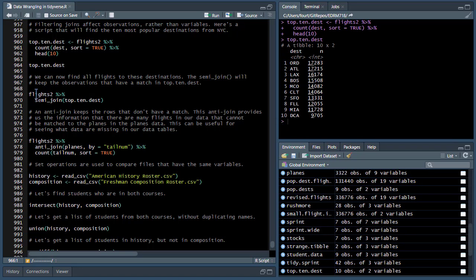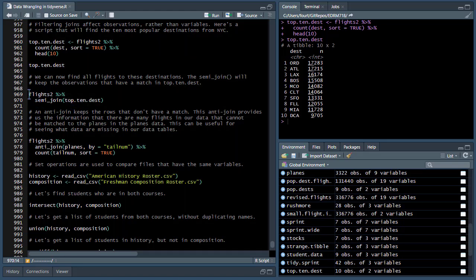You see the usefulness of this? We're taking this top 10 destination object, putting it here in the semi-join, and then matching the destinations with flights 2. Notice I'm doing a natural match. I'm not specifying it, but we only pulled out the destinations.